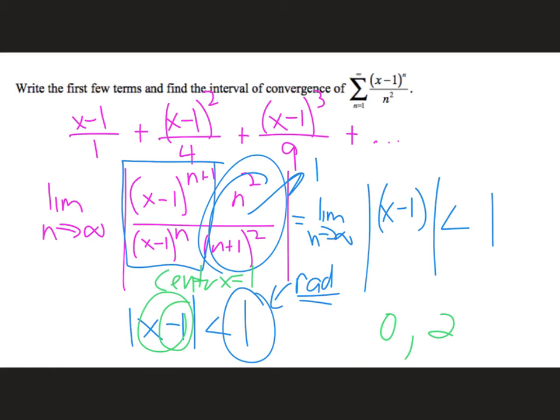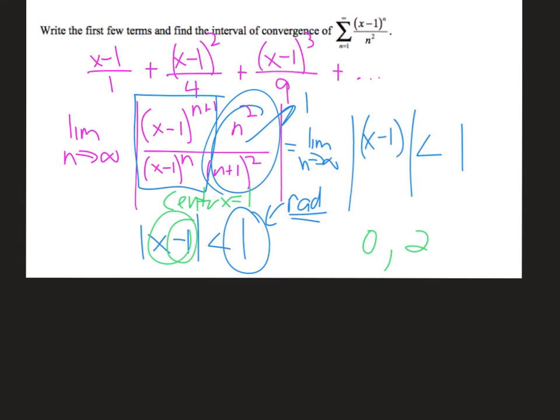Now, I didn't talk about this on the last one because I didn't need to because it was a geometric series. But theoretically, I need to test my endpoints. So test x equals 0. So if x equals 0, I have -1 to the n over n squared.